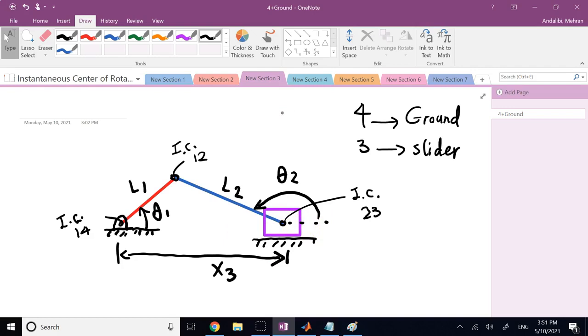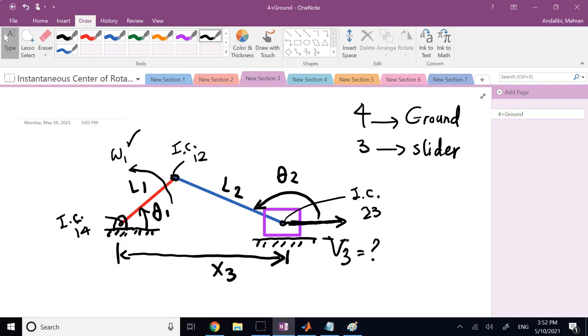But here, is there any way I can find any of the other things? So let's say here, I give you omega of the input, I give you omega 1, and I ask you to find the velocity of the slider. So how fast the slider is sliding if the crank member in red is rotating with angular velocity omega 1?